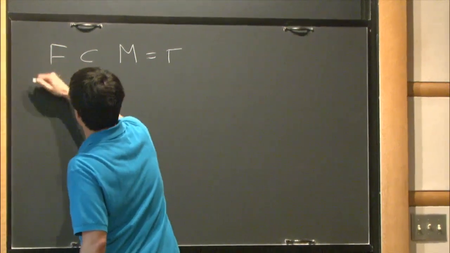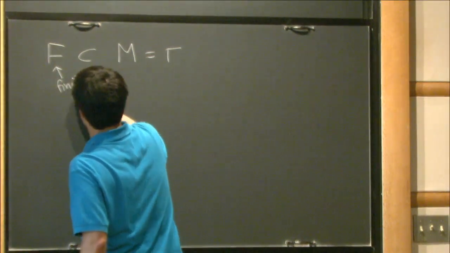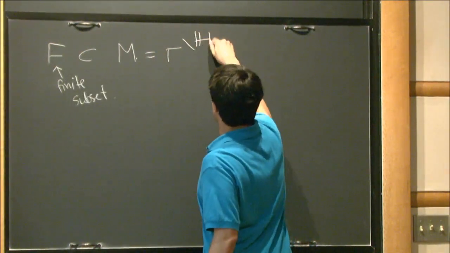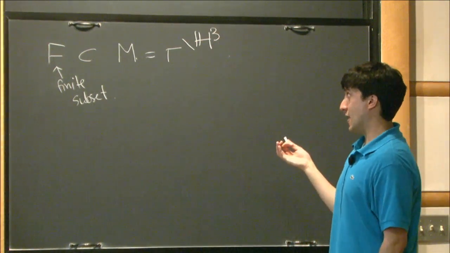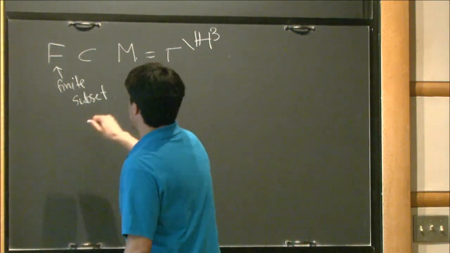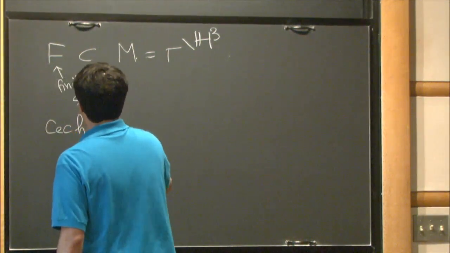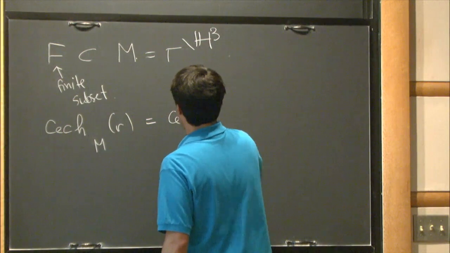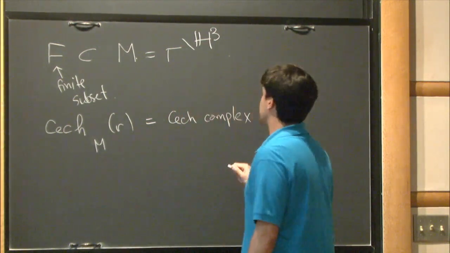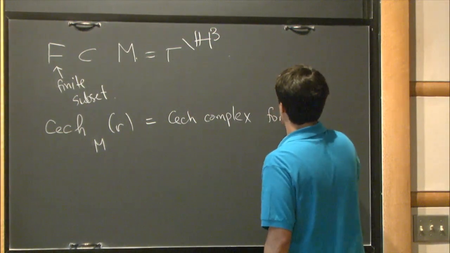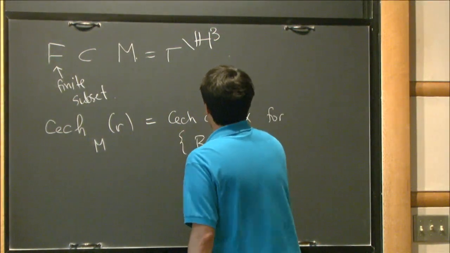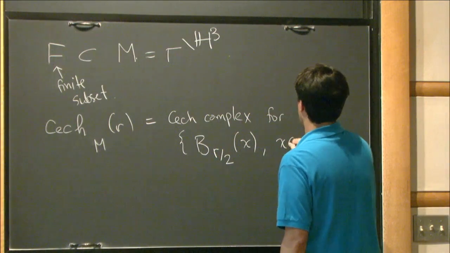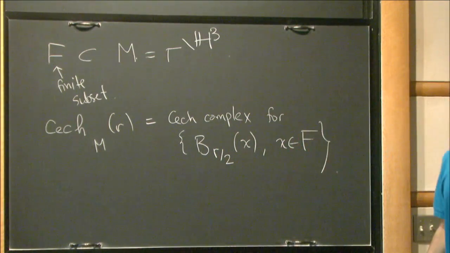So we'll have a certain finite subset of this compact arithmetic 3-manifold that you just take as a black box that it's there, and the Čech complex at radius r of this thing is the simplicial complex, the Čech complex for the open cover given by balls of radius r/2 centered at points x, where x is in your finite subset.